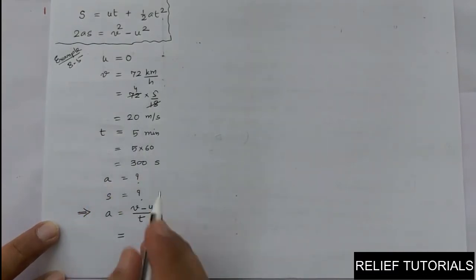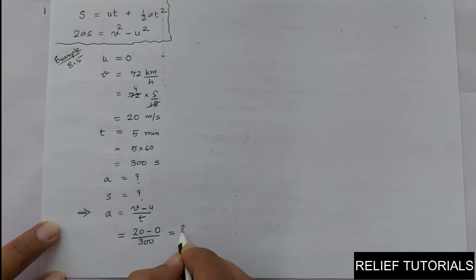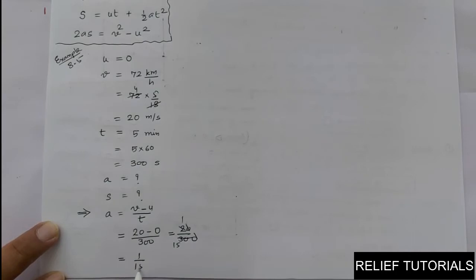V is 20 minus U is 0 upon T 300. 20 minus 0, 20, 20 upon 300. 0 cancelled, so acceleration of the train is 1 by 15 meter per second square.